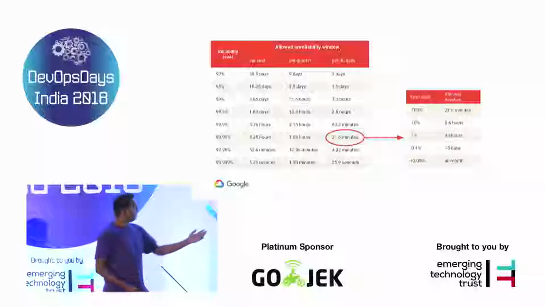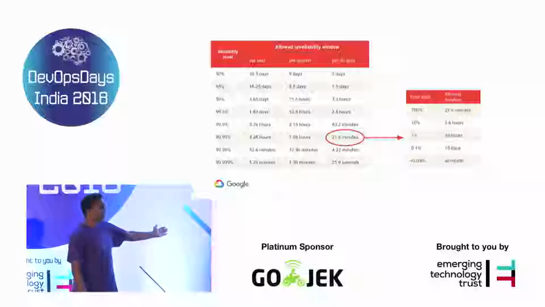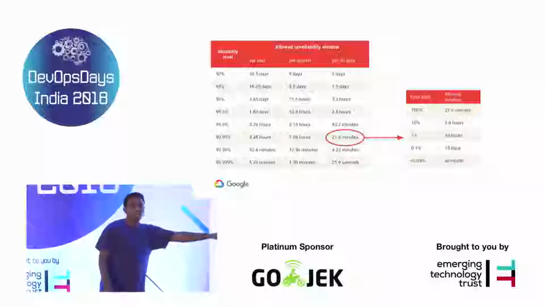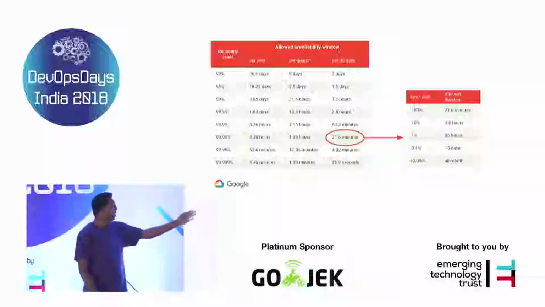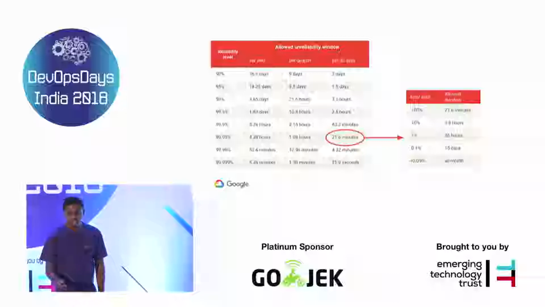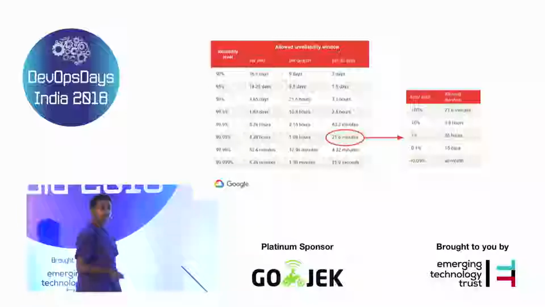As an example, if you have a 1% error rate for a 3.5 9s availability, that gives you 36 hours before you have any violations, compared to 21 minutes for a 100% error rate.